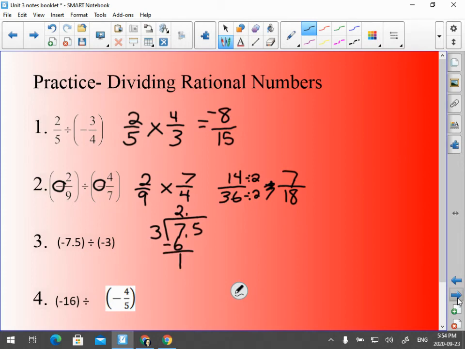The decimal stays lined up. Bring down the 5. 3 goes into 15 5 times. So my answer is 2.5. Then I'm going to go back and look at the integers. Once again, I have 2 negatives, and 2 negatives actually make a positive.